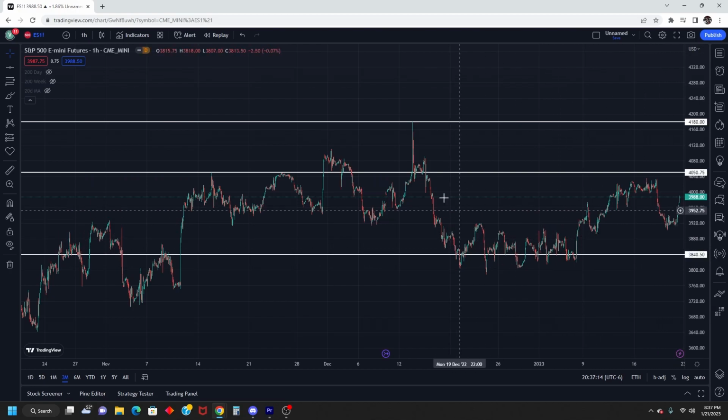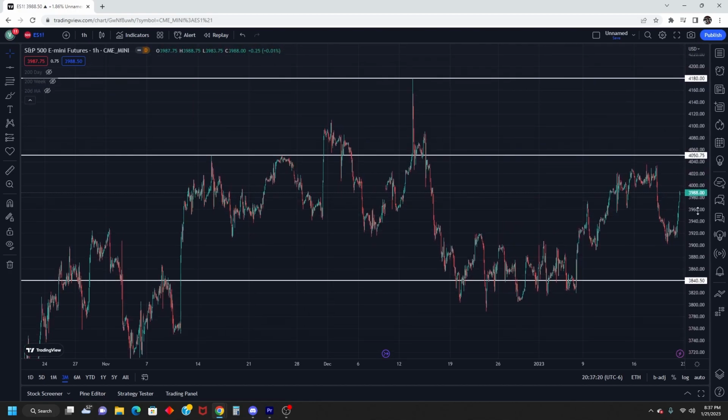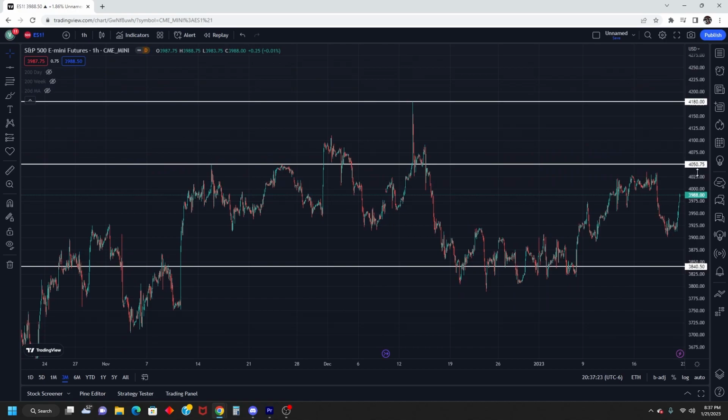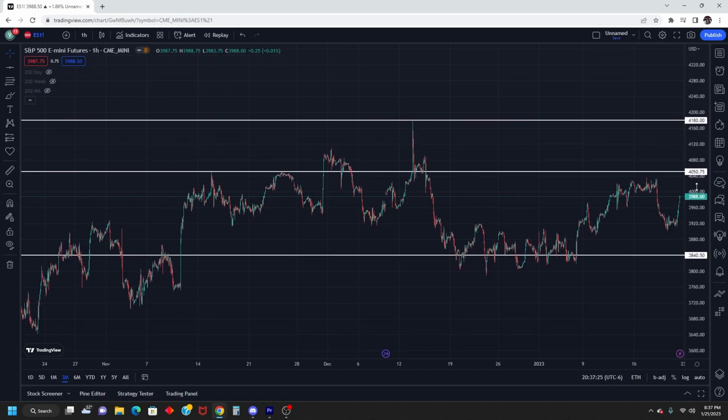And now we're going to start looking at liquidity points, which is where it's going to be easy for big banks to buy and or to sell at. Liquidity is how easy it is to buy or sell an asset. So we're looking for liquidity points where longs will become long on the breakout, shorts will be trapped, resulting in them stopping out by buying, which will become huge buying liquidity, which inevitably is easy to sell into.